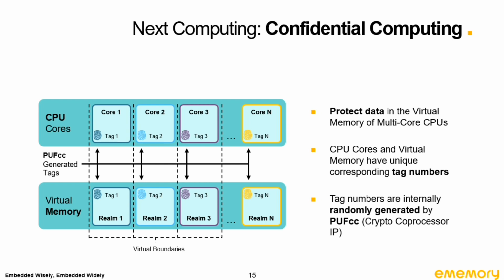Confidential computing architecture protects the program code in the virtual memory from being attacked by other users running programs in the same virtual memory during execution. Assigning tag keys exclusively to different programs will prevent information such as data and code from being stolen or accessed by malicious hackers.